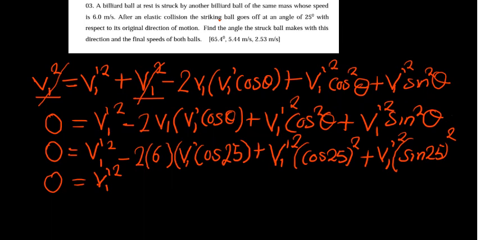So this is going to be 2 by 6 by cos 25, and this part is giving me negative 10.8756.